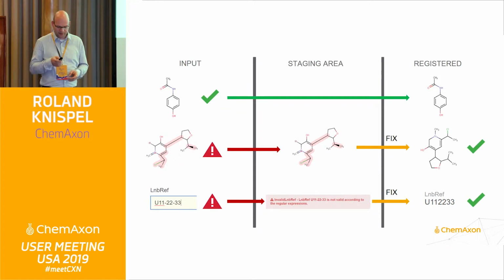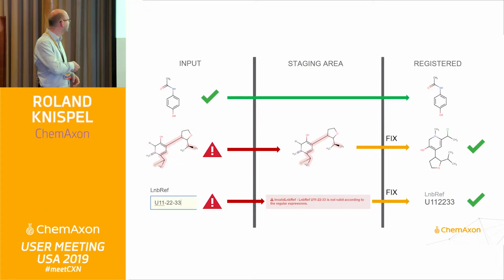There might be cases when you have problems with the structure. Say these are problems with the structure depiction because the bond lengths are off. For some of those cases, we might be able to apply some automatic fixers. So also there, no concern for the particular user to deal with these issues.